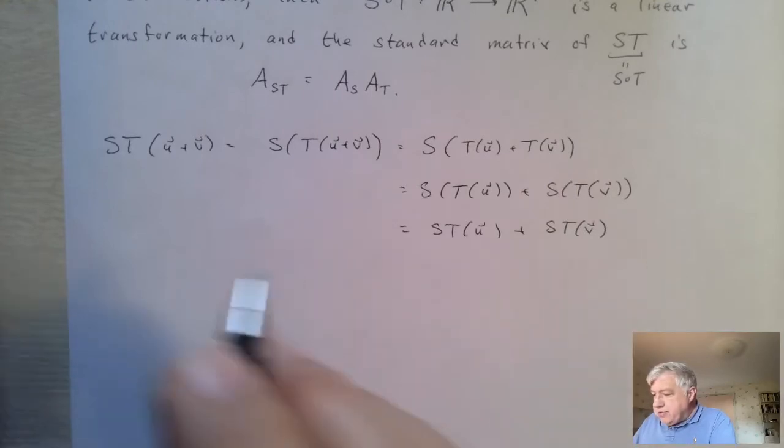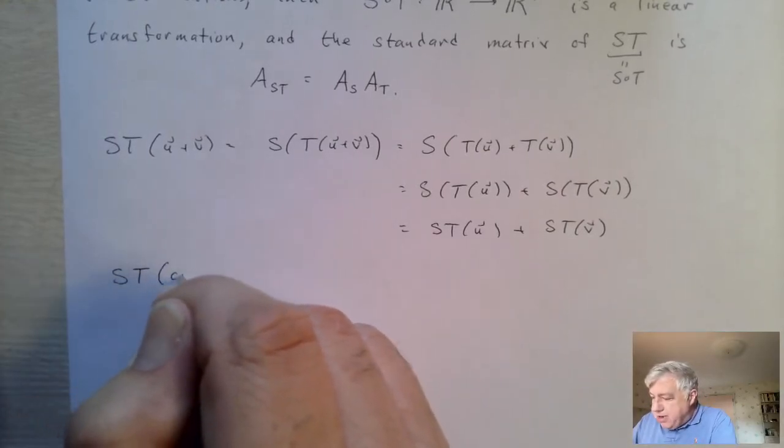To show it preserves scalar multiplication, that's also pretty straightforward.